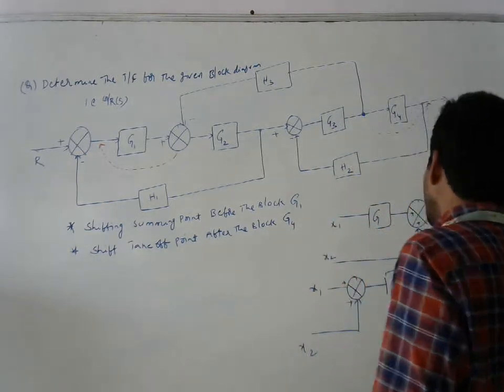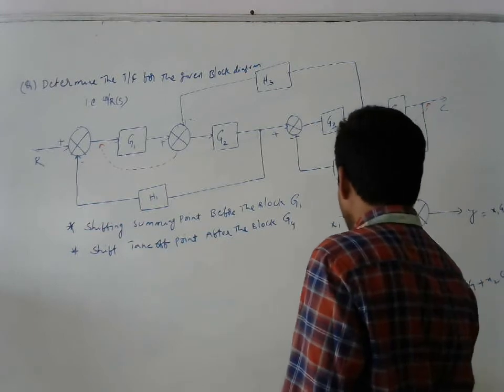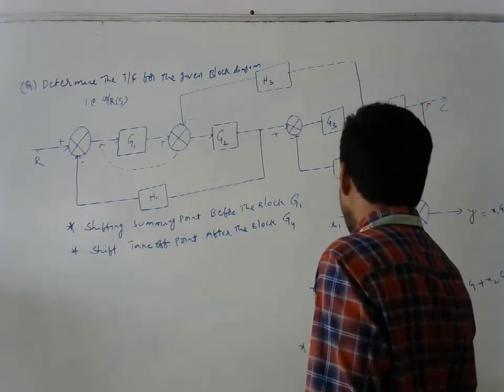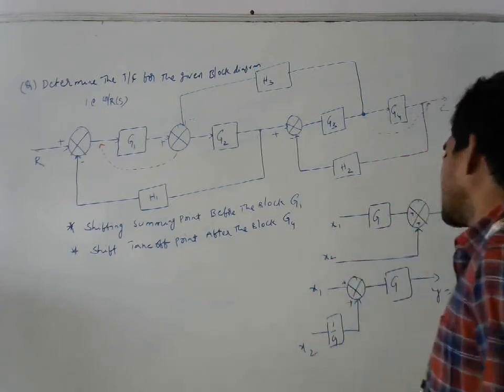Now the output is Y equal to x1 G plus x2 G. But these two outputs will not be the same, so I multiply x2 by 1 by G. Then we get the same output.